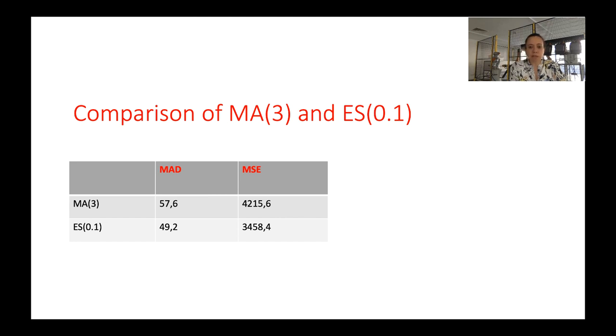But are these settings consistent? We have to check this first. When I observe the forecast values for the moving averages method, I see that there is more variability than in the values that we obtained from the exponential smoothing method. So this means that in fact these parameter settings are not consistent.